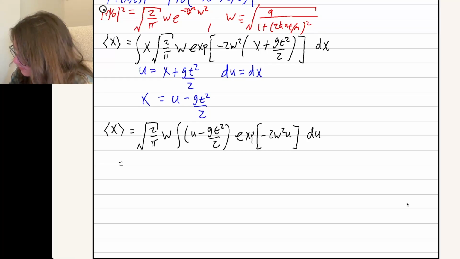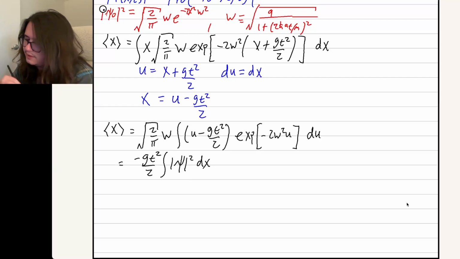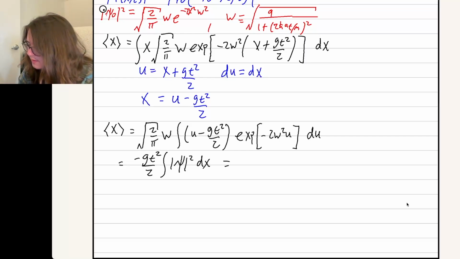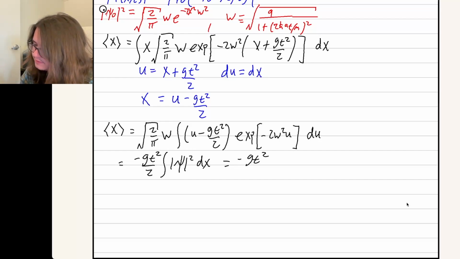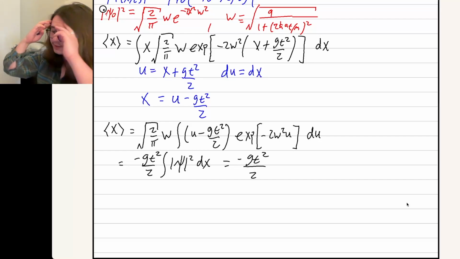So we just have the other term, which I'm not even going to write the rest of the prefactors now, because you know it's just minus gt squared over 2 times the integral of mod squared psi dx. And then assuming the wave function is normalized, which it is, we did it back in problem 221, that integral is just going to be 1, and so we get minus gt squared over 2.